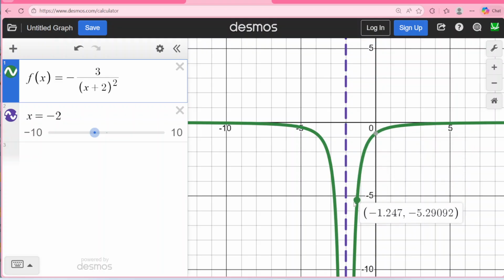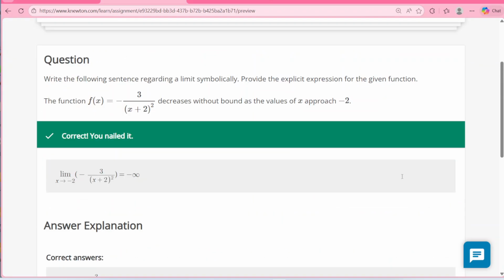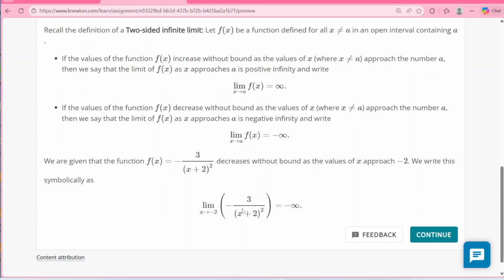On the right side of negative 2, going down forever. So the two-sided limit as x approaches negative 2 for this particular function is negative infinity, as I stated. So again, it's really just filling in the pieces of the notation based on what they described.